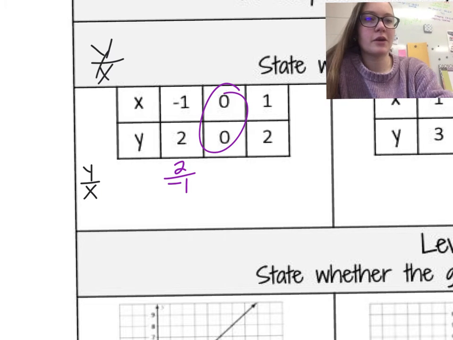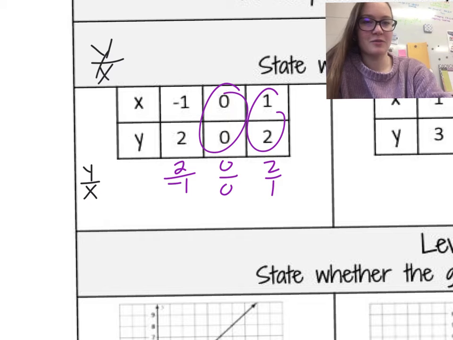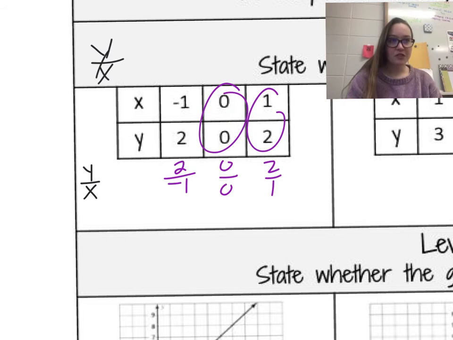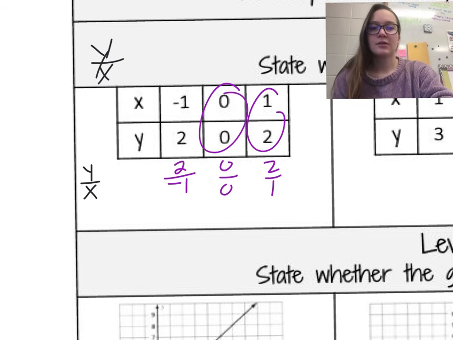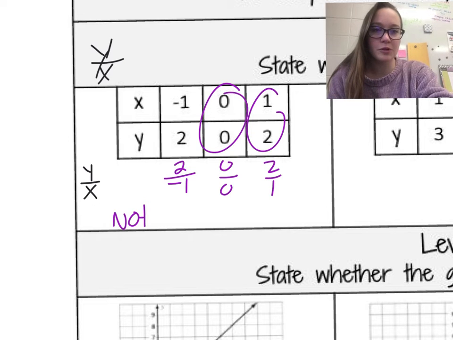For this point, my y value is 0 over 0. For this point, 2 over positive 1. In order for it to be proportional, to be changing by the same thing, those all have to be the exact same number. My y over x fraction has to be the same. Those are not, which means that this is not proportional.